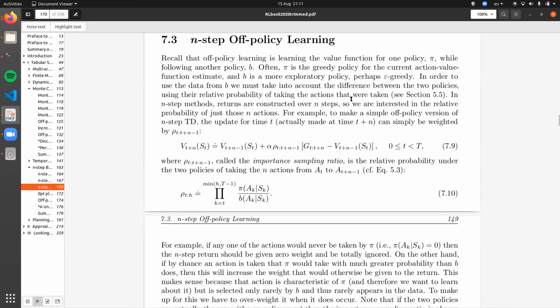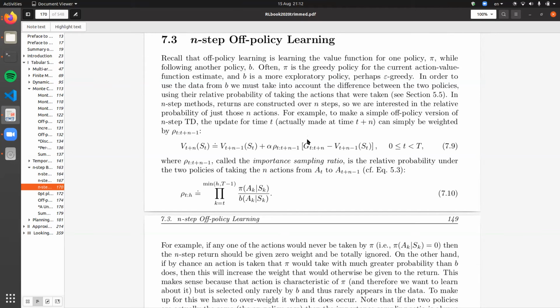And why we might want to do that, we have already talked about in the previous chapters: in some cases our experiences are given, but we want to learn a better policy, and sometimes we want to learn a greedy policy while having our behavioral policy exploratory, right?